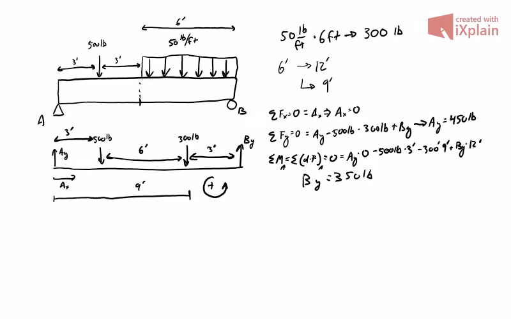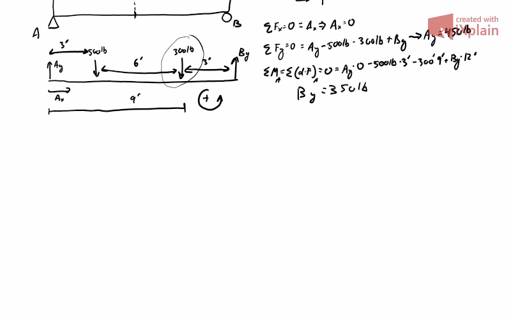All right, so now that we have our reaction forces, we can do our shear and moment diagram. One thing to keep in mind: when you solve for your reaction forces, it's useful to take that distributed load and change it to an equivalent point load. However, when you go to do your shear diagram, you have to go back to looking at it as a distributed load. So, just like in the previous problem, I'm going to draw a little horizontal line, and then I'm going to put all my forces on it.